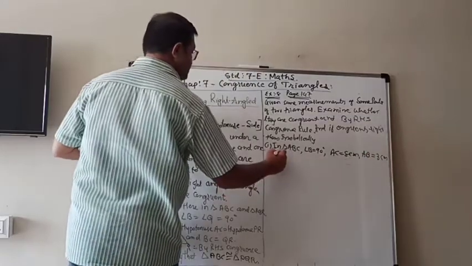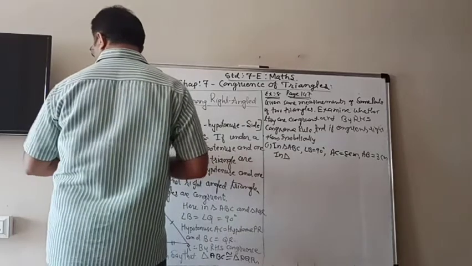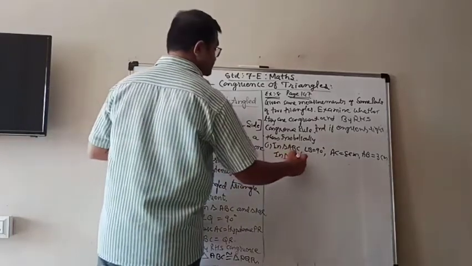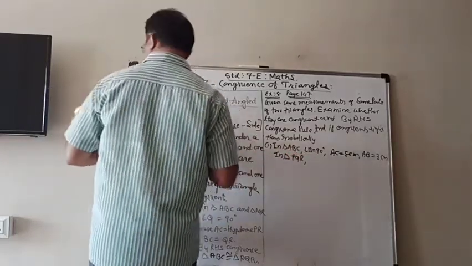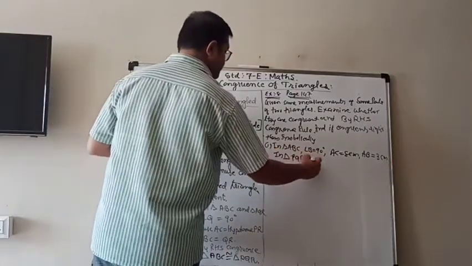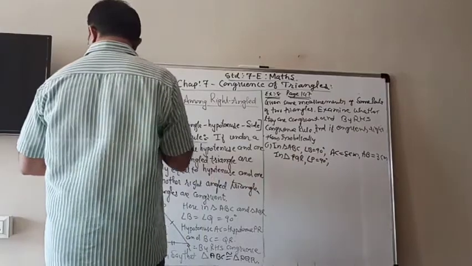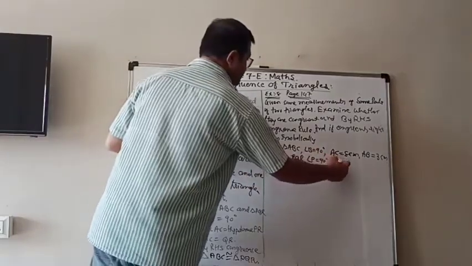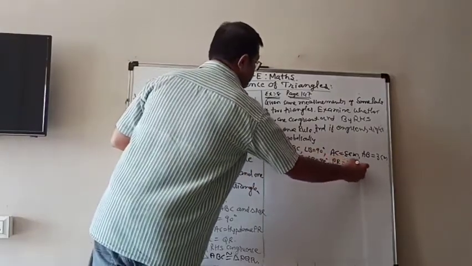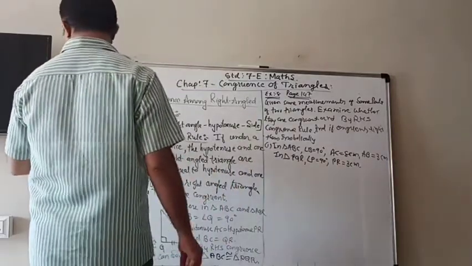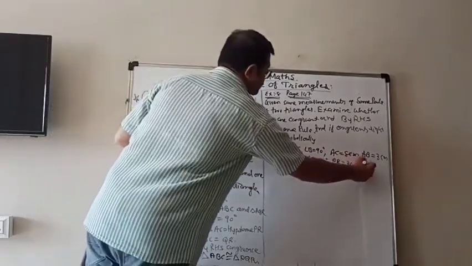And in the another triangle PQR, angle P is 90, then PR is equal to 3 centimeter and QR equals 8 centimeter.